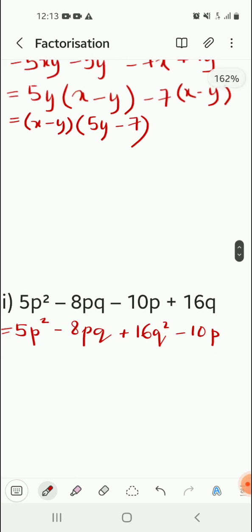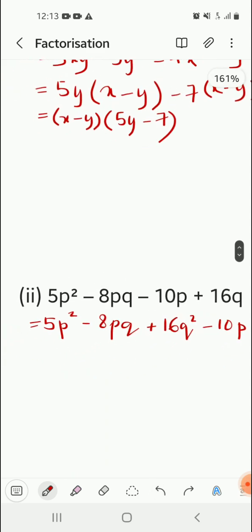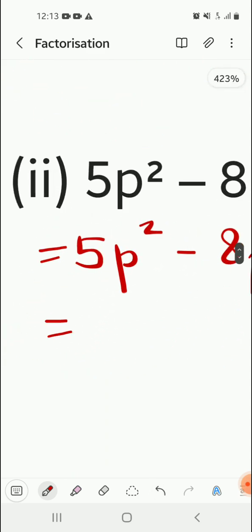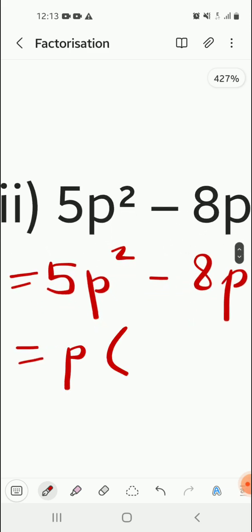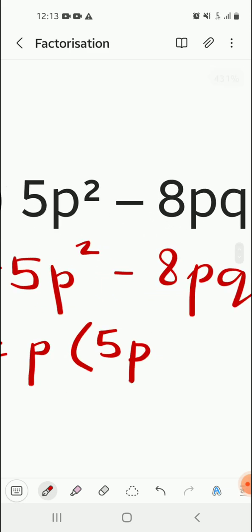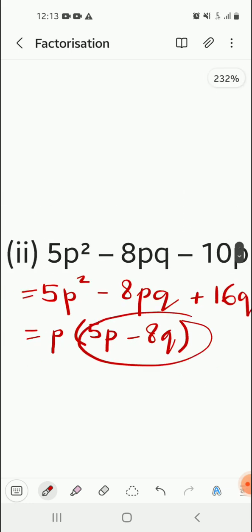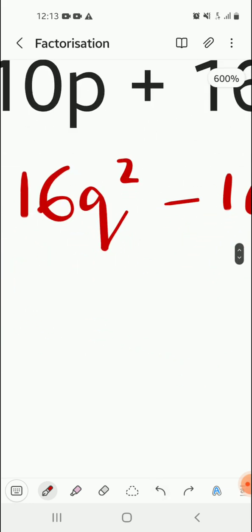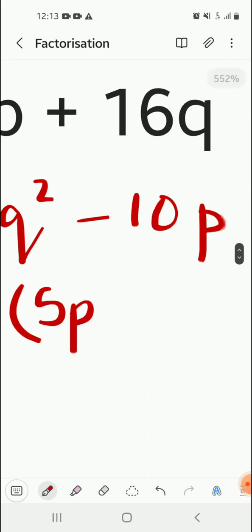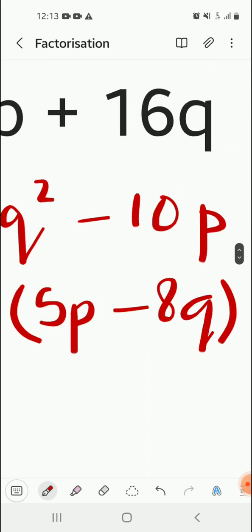Doesn't really matter in whichever way you arrange this. Now see, here common is p. So we are left with 5p here minus 8q. Once we've got 5p minus 8q, here definitely it's going to be 5p minus 8q.